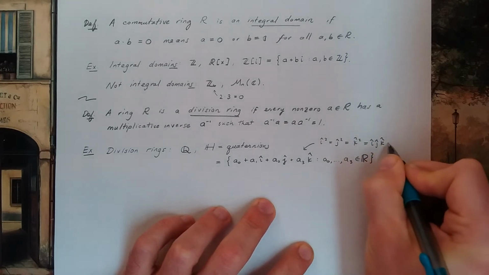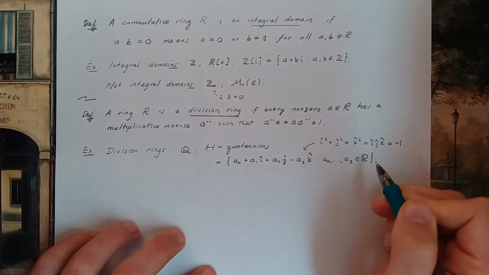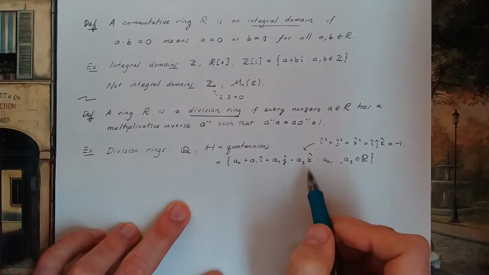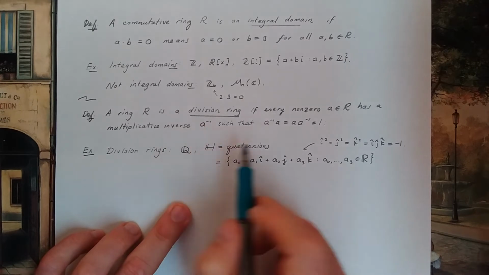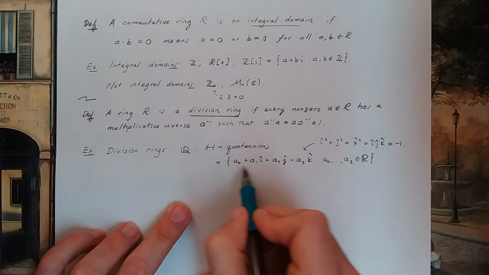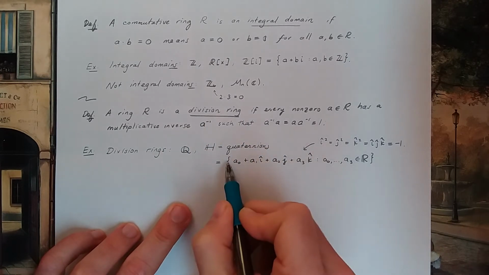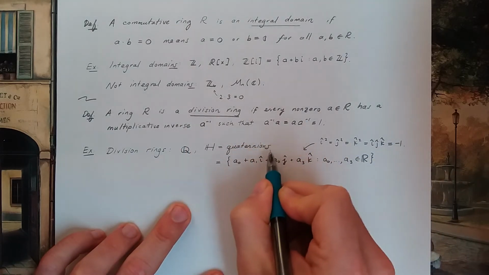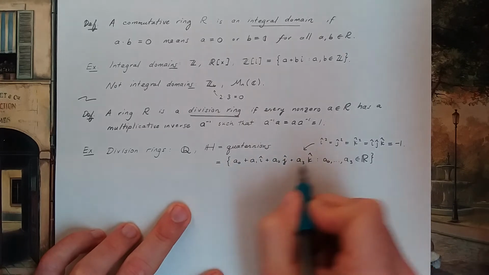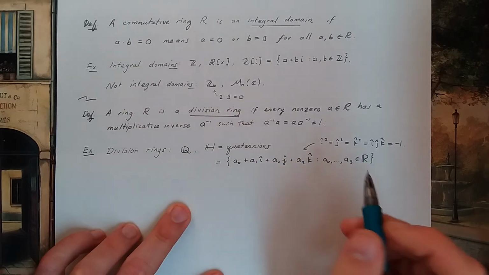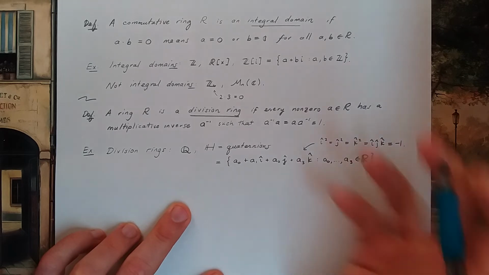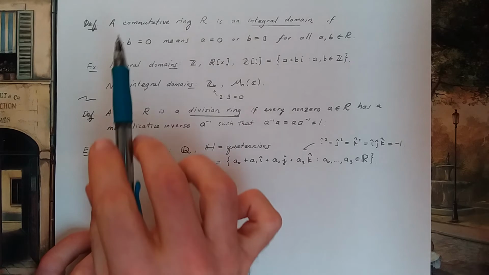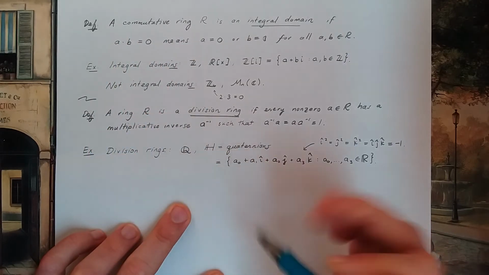In this order, that's -1. This is a non-commutative ring, but it turns out that you can divide. Every element of this form has a multiplicative inverse. I'm not going to prove that in this video, but if you'd like, they work out the details in the text. They show you how to divide by any quaternion in the text, so you can look at that if you're interested. But there is another example of a division ring. Q, of course, is a commutative ring, but the quaternions are not.